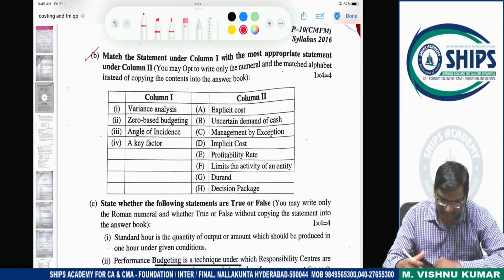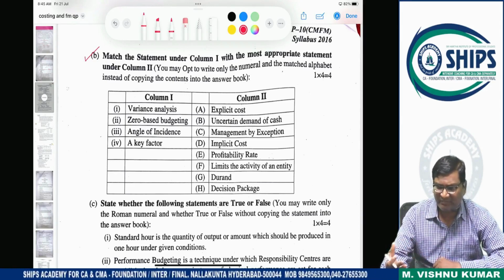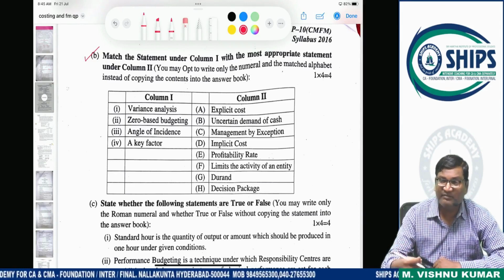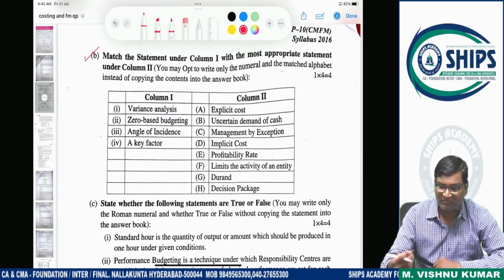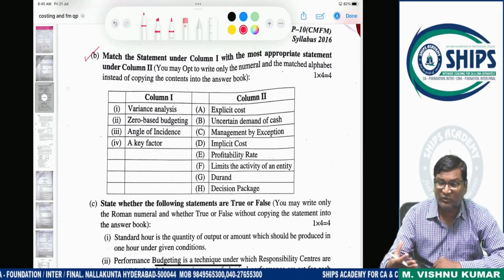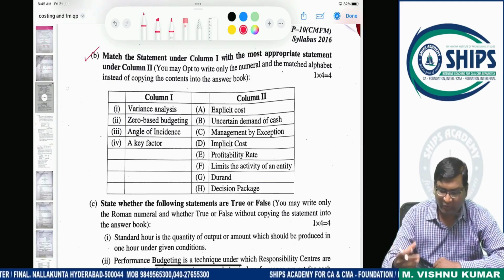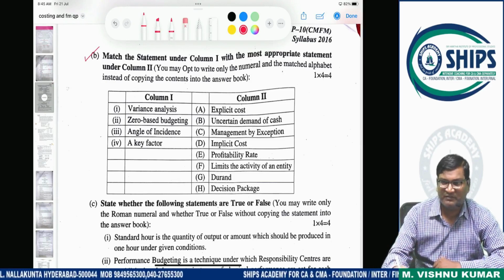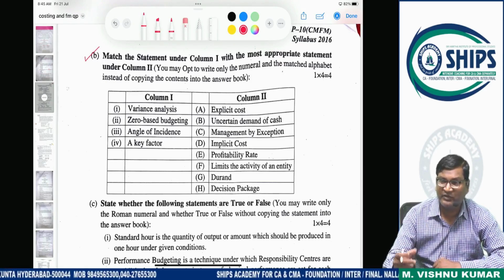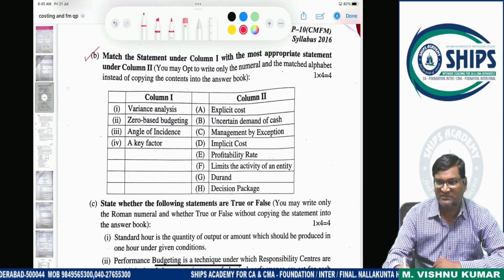But this time they have given more options on the right-hand side, so that the student cannot match without conceptual knowledge. If they try to do that, mistakes will come. So it is actually a good approach. From this, only a deserving candidate will get the marks, and that should be correct also. Yes, sir.